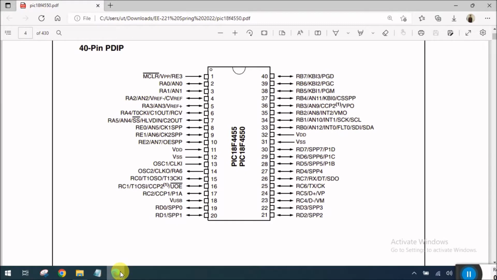For any microcontroller to interact with its environment or with other systems and with the user, the microcontroller needs to have some input and output ports. We already know that. So in this PIC18 4550, in the 40 pin package, we have a total of 34 ports that can be configured as either input or output.